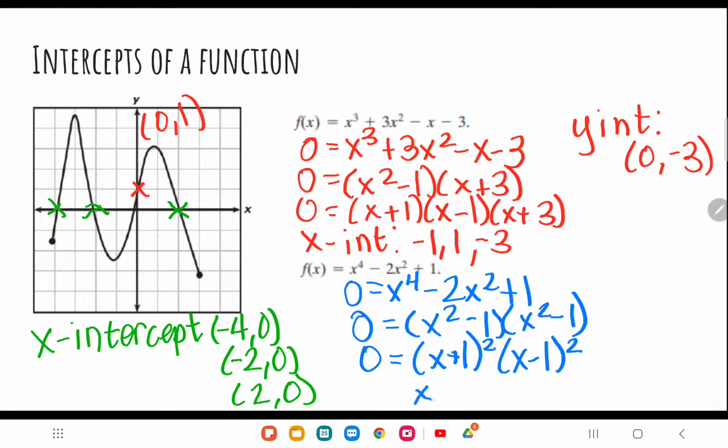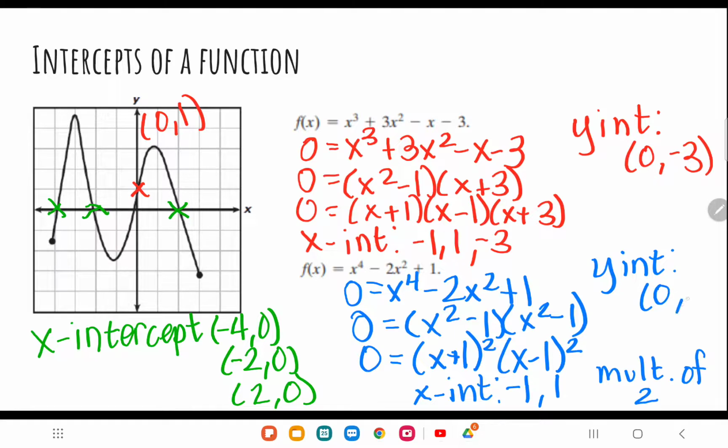This yields x-intercepts at -1 on the x-axis and at +1 on the x-axis. Each of these would have a multiplicity of 2 because they would occur twice. In addition, substituting 0 into the function formula yields a y-intercept of (0, 1).